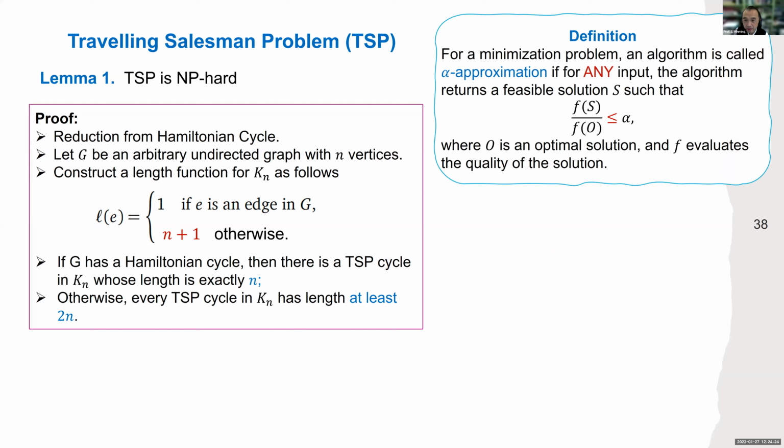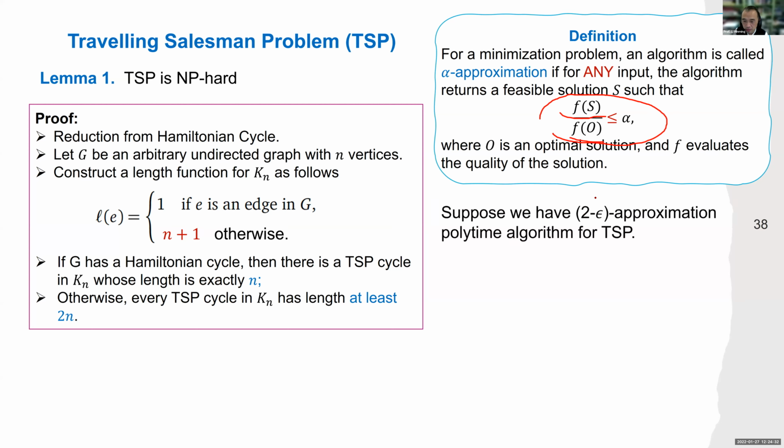And then remember approximation, right? The approximation is something like this: your solution compared to the optimal solution. So suppose we have this 2 minus epsilon approximation for TSP. Then what can you conclude? I just run it on this Kn.